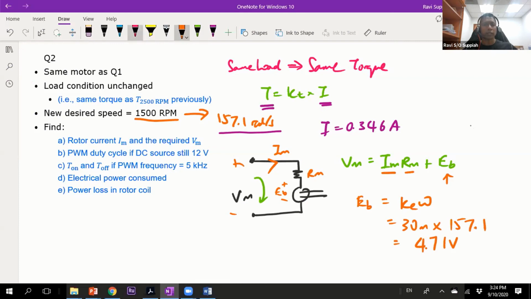Putting this back into the expression, Vm equals Im, which is 0.346, multiplied by 12 plus 4.71, you will get 8.86 volt.